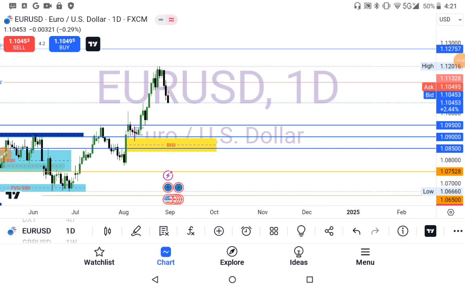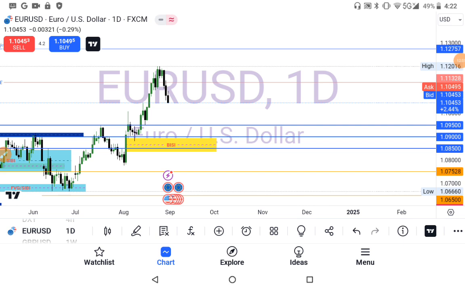So my low hanging fruit objective is 1.10000. Then when the market reacts to that area and finds support, only then will I go back to 1.12757. Only if 1.10000 serves as a support, I'll be going back into 1.11328 and 1.12757.